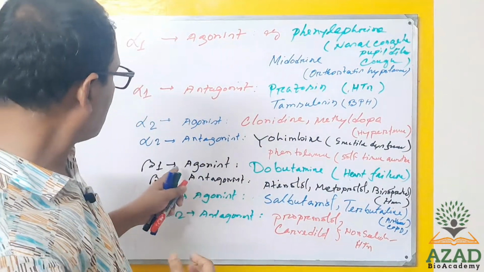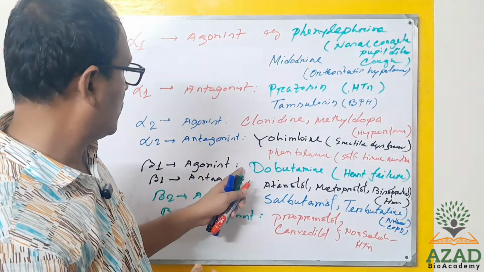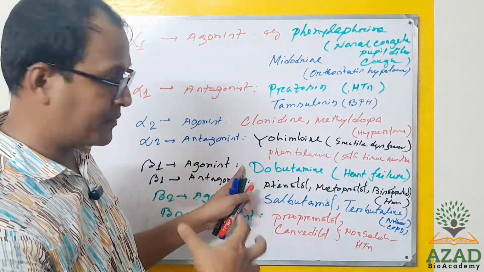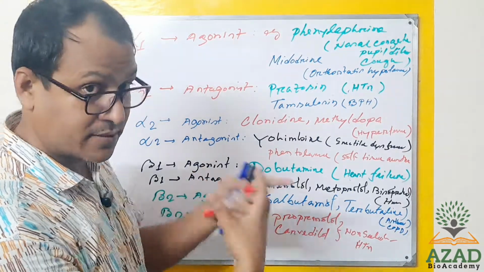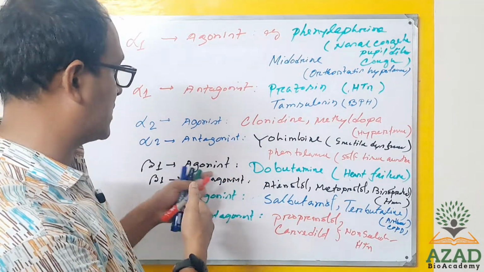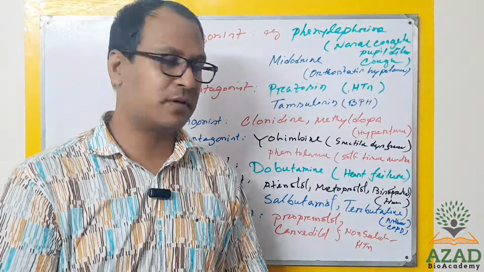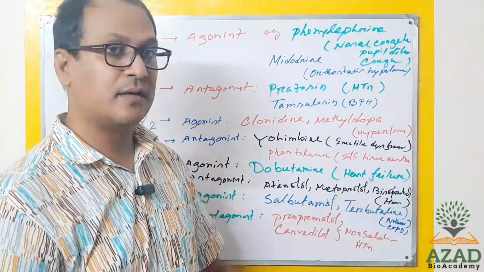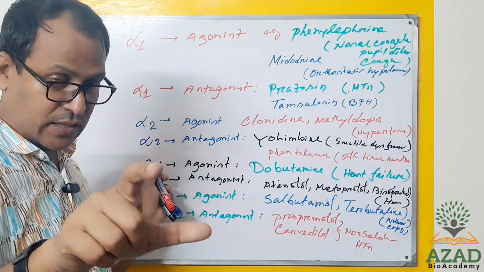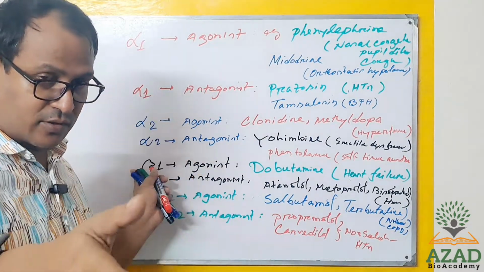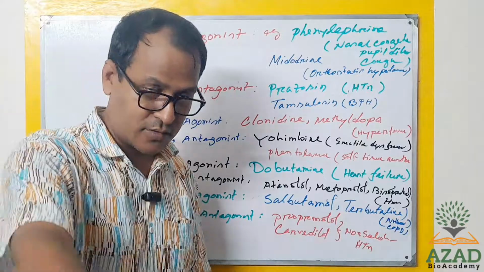So when beta 1 is activated by an agonist like dobutamine, then it can be used for heart failure, because you know the beta 1 is very much rich in your heart, and it is present in the SA node, AV node, and your cardiac muscle.